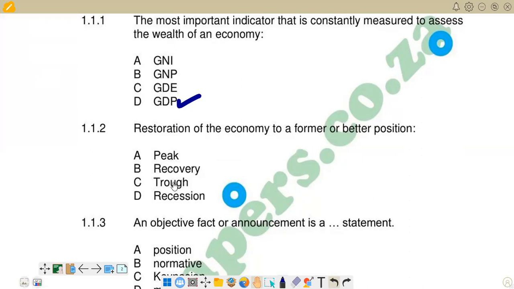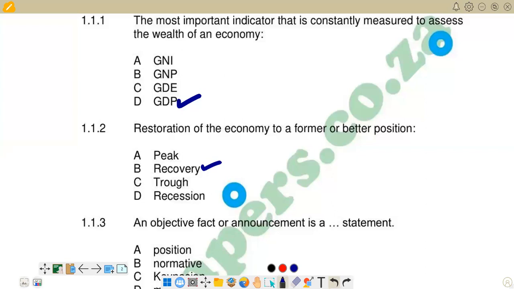A trough is the lowest point the economy can operate at. And a recession is when the economy is starting to decline, with a decrease in the level of economic activity. So the most appropriate answer is recovery. So for 1.1.2, we have recovery as our answer.